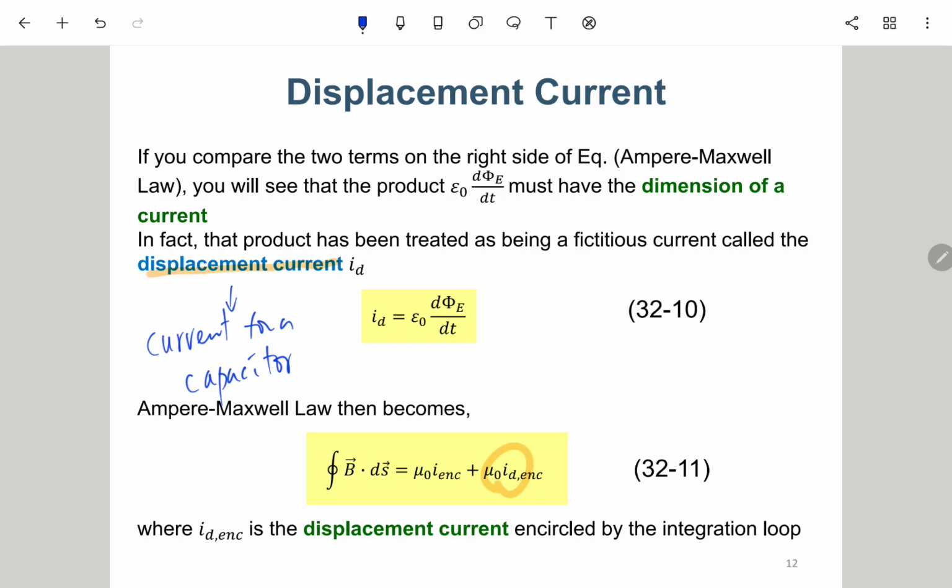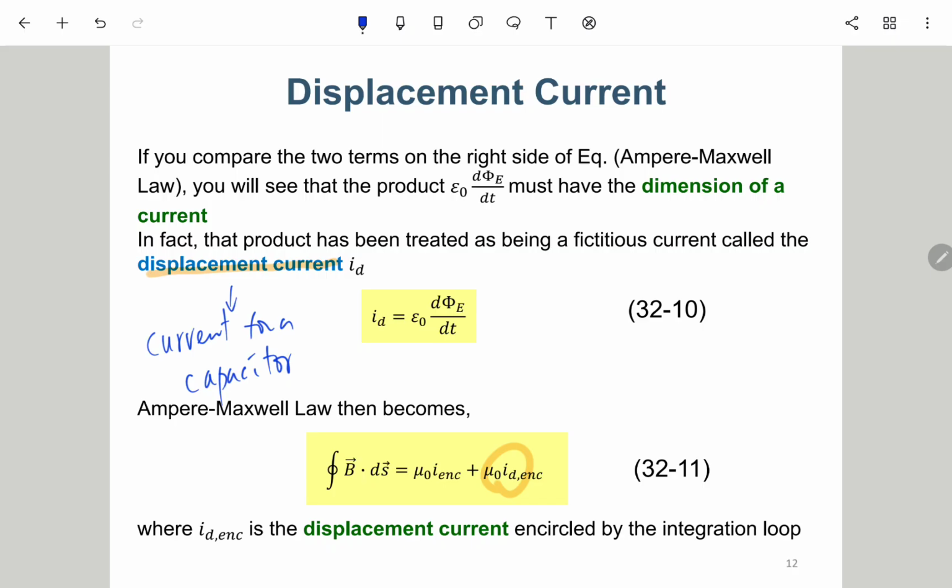As long as there is current going into the capacitor and another current going out of the other terminal, it just accumulates some charge on the plates: some positive charge on one plate and some negative charge on the other plate.